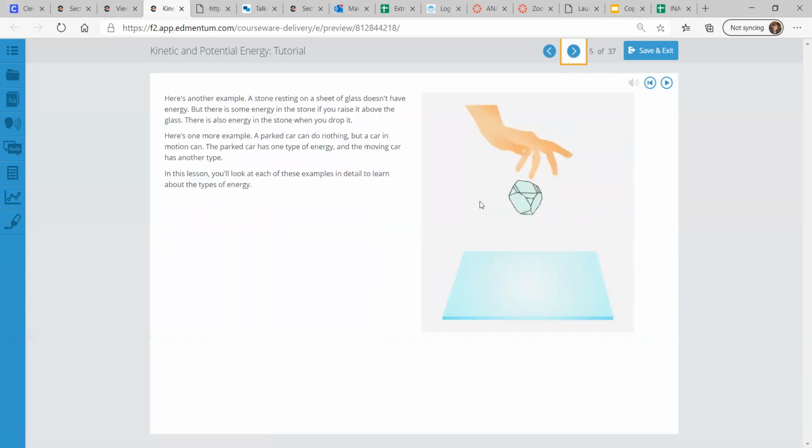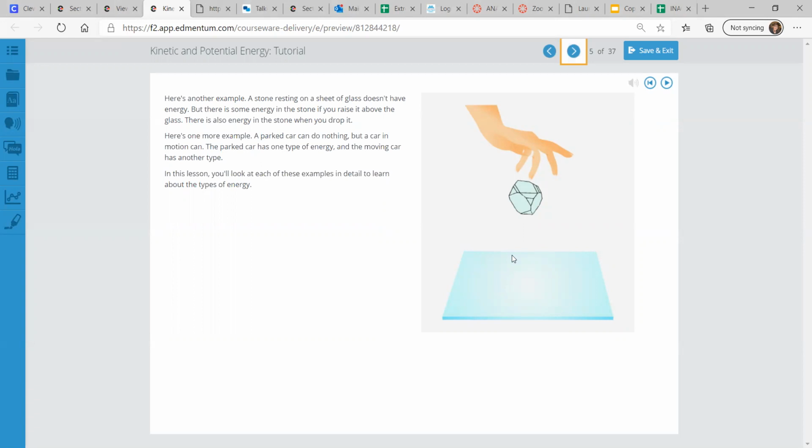Another example, a stone resting on a sheet of glass doesn't have energy. But there is some energy in the stone if you raise it above the glass. There's also energy in the stone when you drop it. If this person drops a rock from high enough, that glass will break because it will have enough energy to exert force on the glass.